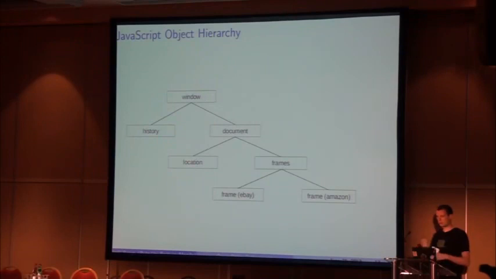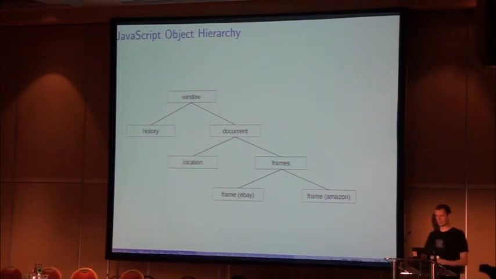So the object tree changes depending on what kind of website you're visiting. That's called the document object model, where the document is represented in objects and everything has an object. This is a rough example of what we were seeing in the screenshot. We have a list of frames. One frame is eBay, one frame is Amazon.